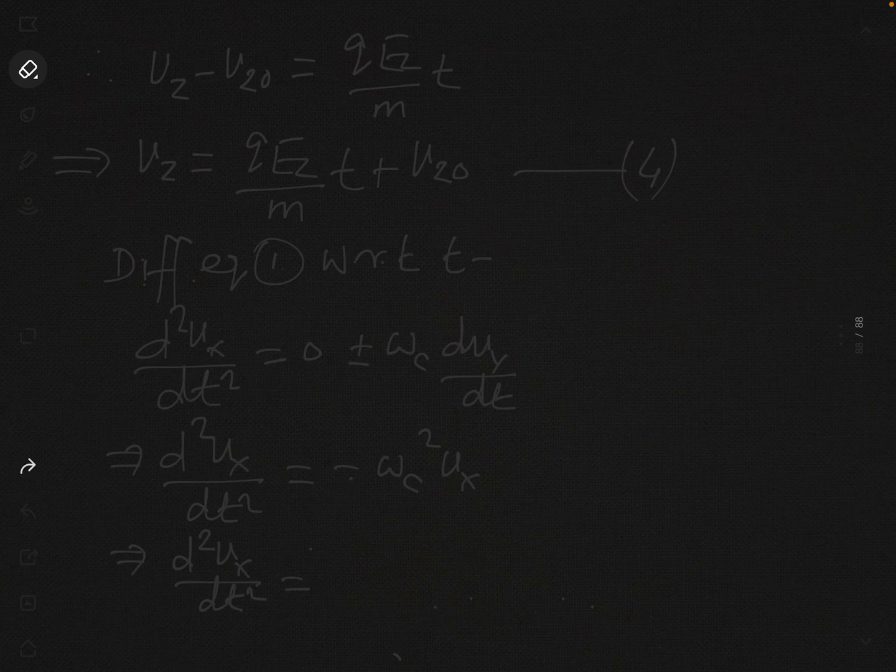And so you can write this expression in this manner. This is d2 Vx by dt square plus omega c square into Vx equal to 0. And say this is equation 5.